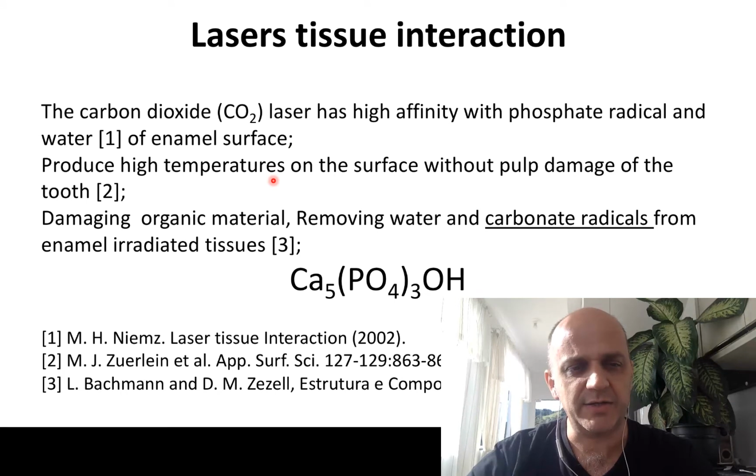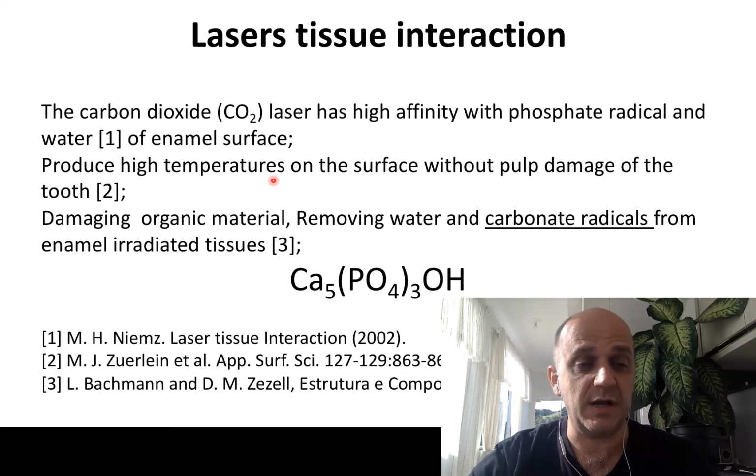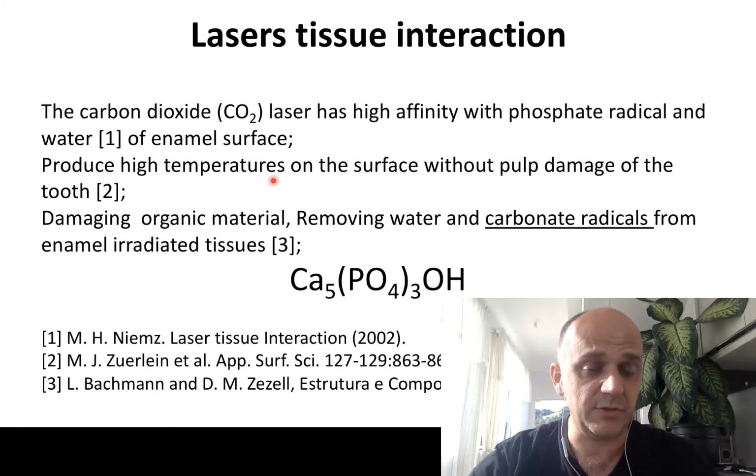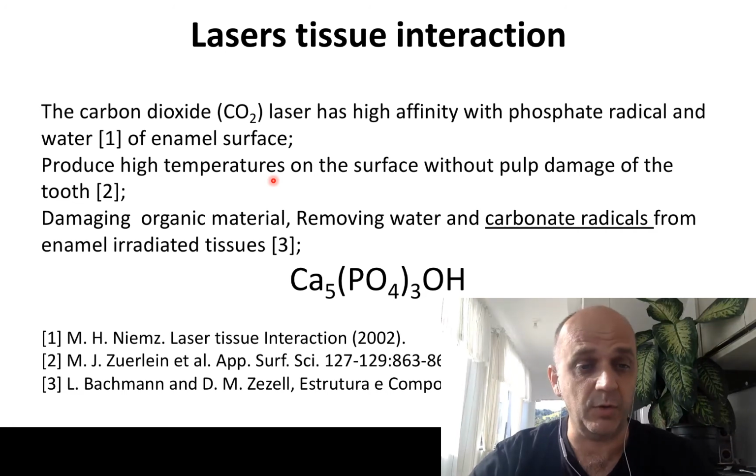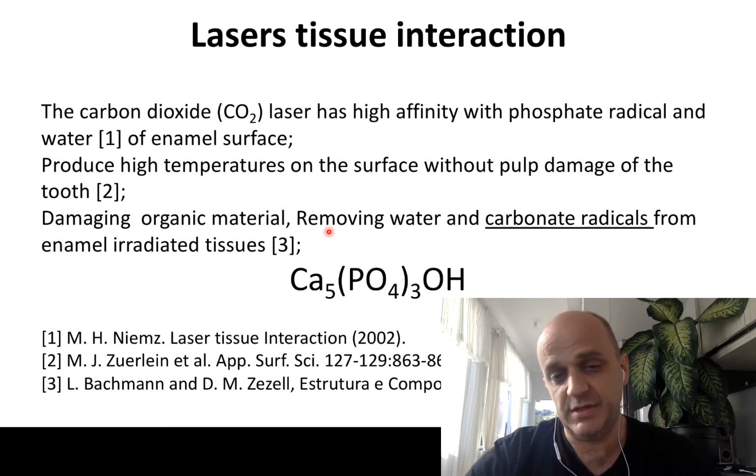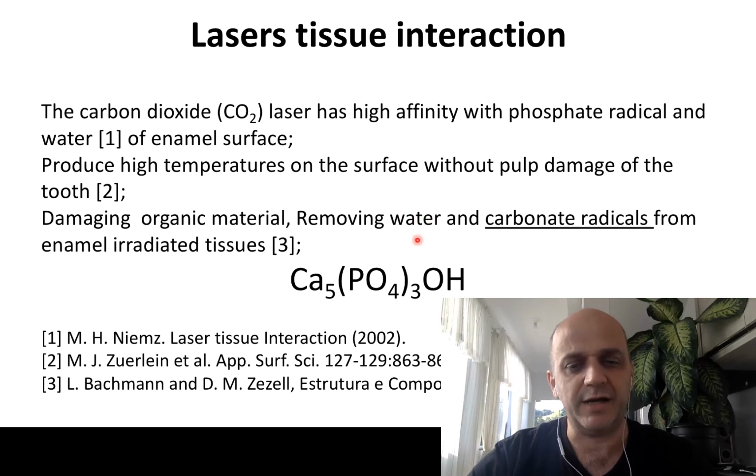From this interaction, what you observe is damage of organic material. The organic material in enamel is very low, but this material is damaged. After that, you also have water removal. The water, if it is absorbed, is easy to remove, but in the enamel you also have structural water. It's water that is inside the inorganic matrix, and this water is more difficult.